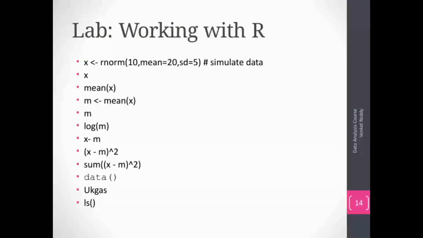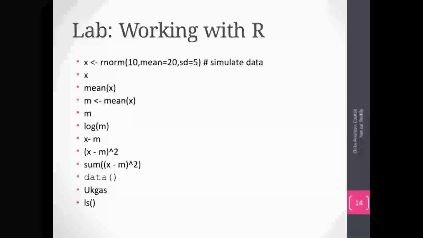Next, we calculate the mean of this data with mean(x), which is crucial for understanding the central tendency. To store this value for later use, we assign it to a variable m using m <- mean(x). Typing m will show us that value. We then take the logarithm of the mean with log(m), which can be useful in various transformations.